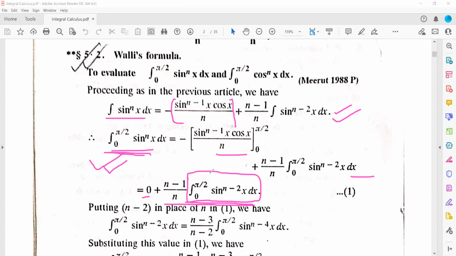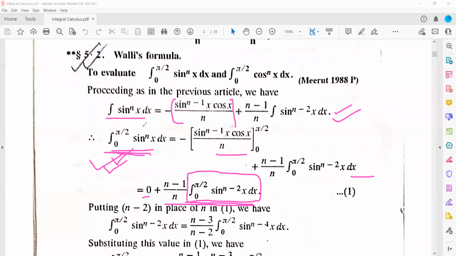If you do the same process as before, you will be able to find the integration, but since we already have the result for 0 to pi by 2 sine to the power n x dx, why go for doing the same thing again and again?